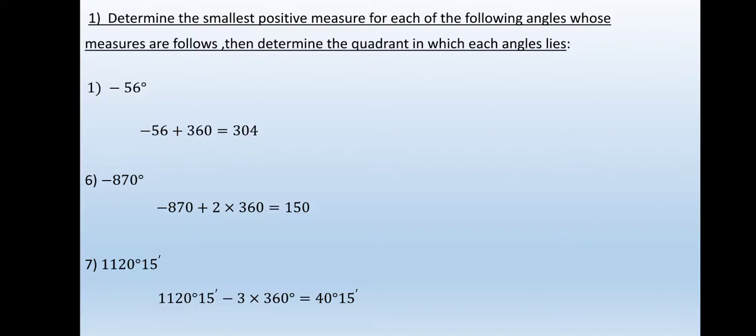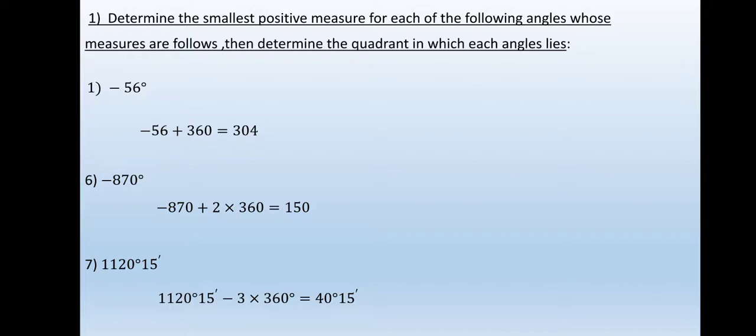We need to focus. If we have a negative angle, we move it to positive by adding 360. Number 6, negative 870 degrees. Adding 360 is still negative, so we add 360 again, and we get 150. So negative 870 plus 2 times 360, a repeated addition.